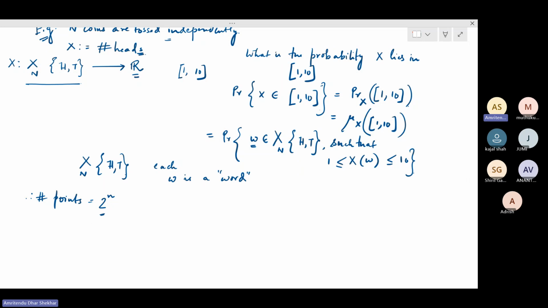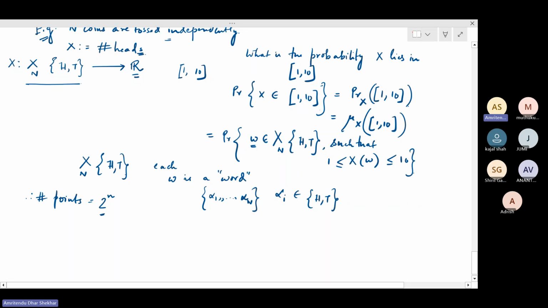So you're looking at the set of words. A word would look something like alpha 1, alpha 2, up to let's say some alpha n. So this is a word. You can think of it as an ordered sequence where each alpha i is either heads or tails.